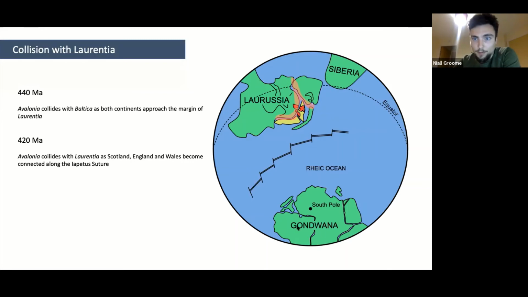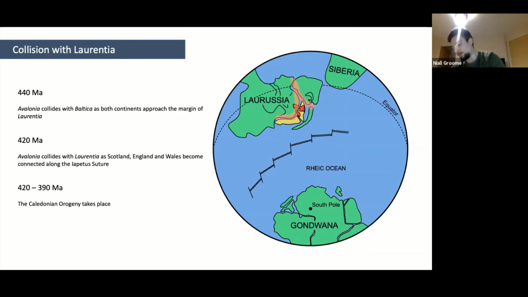As these come together, we then have our other arcs as well, which have been stripped from Gondwana, which come in behind. So we have the likes of Cadomia, which binds just below Avalonia and runs across Northern Europe, for example, which has essentially followed the same path, but it's basically a staggered event.